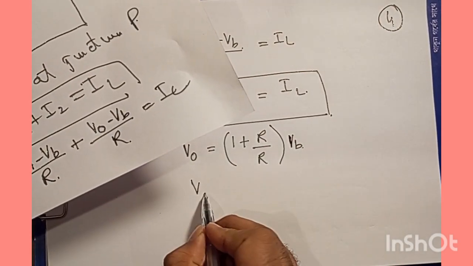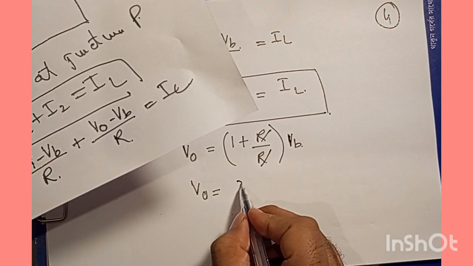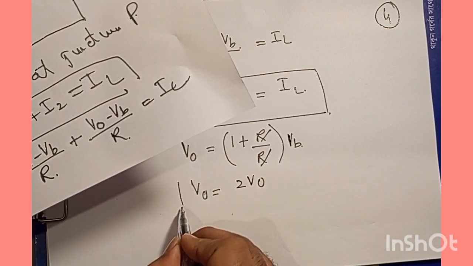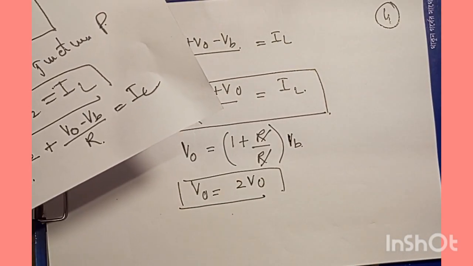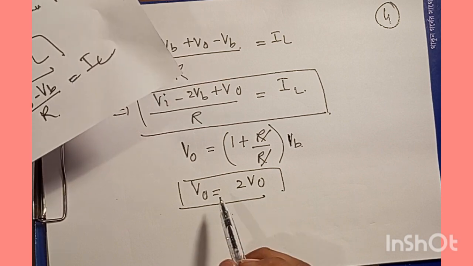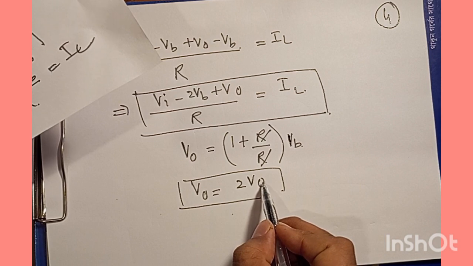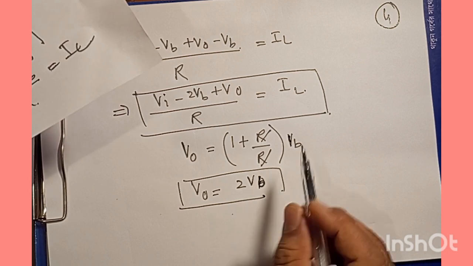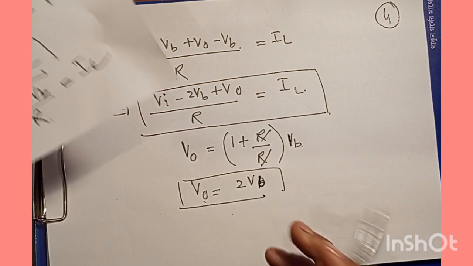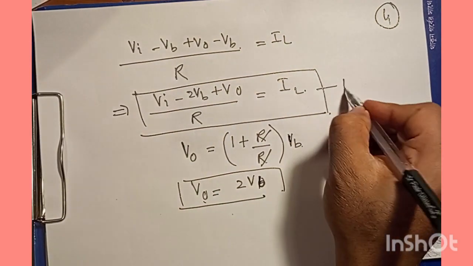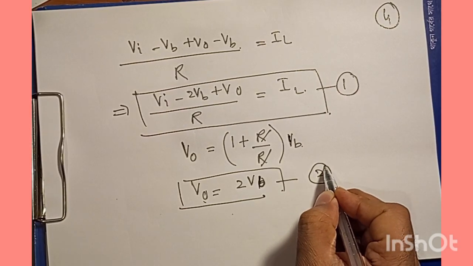So V out should be, this R and R will cancel, so this is twice VB. Sorry, this is VB. So V out is 2 times VB. So I can think of this as equation 1, and I can think of this as equation 2.